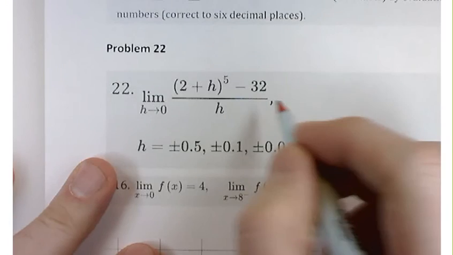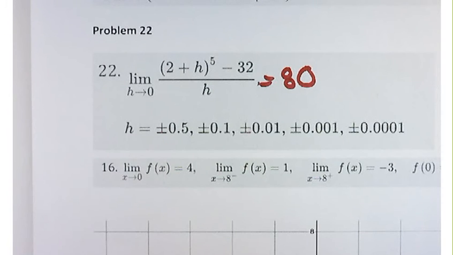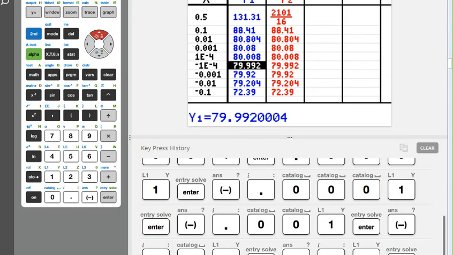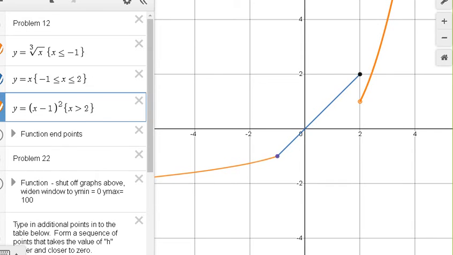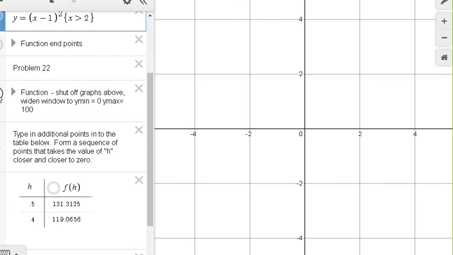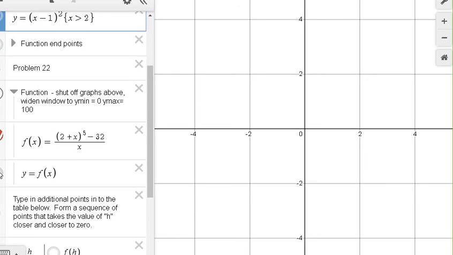But let's take a look at the graph. So where's the graph? Let's see here. Let's shut this off. And get rid of those as well. How come that's not on?